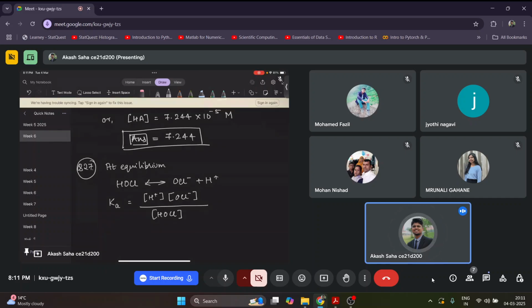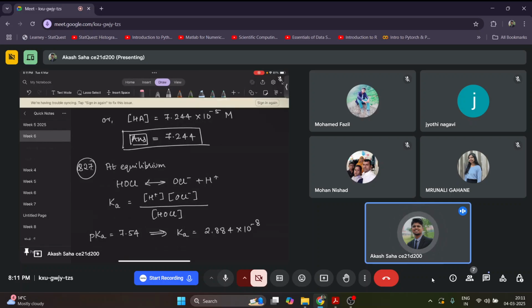The pK value is given as 7.54, so from this we can find K. If we calculate, it will be 2.844 into 10 to the power minus 8.